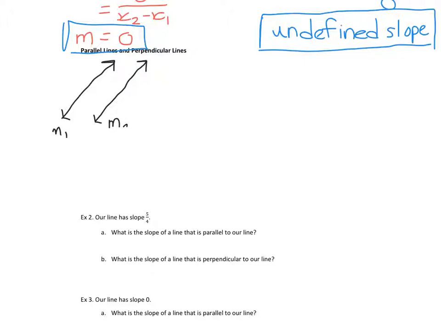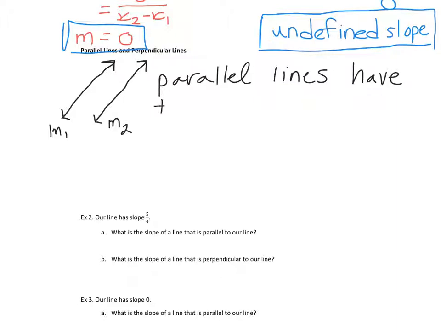So if we have the slopes of these lines, m1 and m2, if they're parallel, they have the same slope. Parallel lines have the same slope, or m1 equals m2.